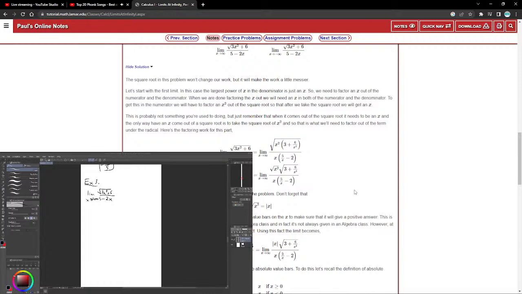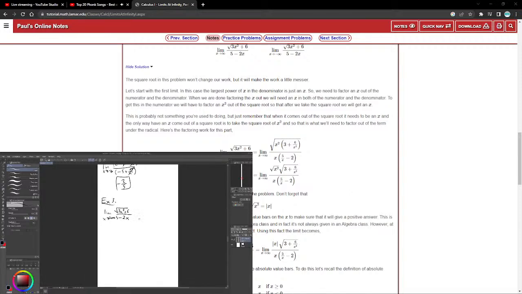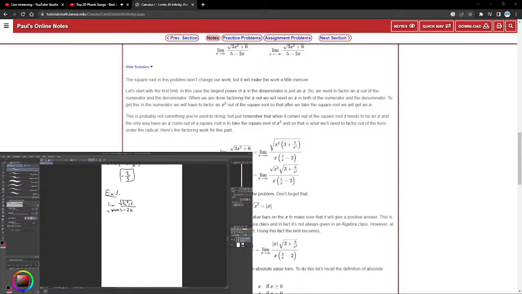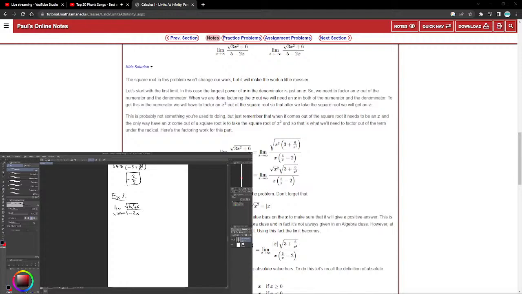Okay, so what they did here was they factored out an x squared from the top and an x from the bottom, so that the square root would go away on that one term. So I'll try that.